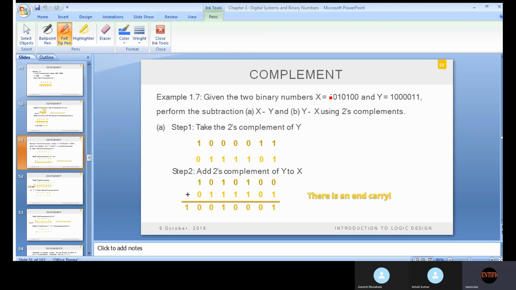X is equal to 1 0 1 0 1 0 0 and Y is equal to 1 0 0 0 0 1 1. Now we need to find X minus Y and Y minus X using 2's complement. Okay, so for 2's complement, first we need to take the 1's complement.